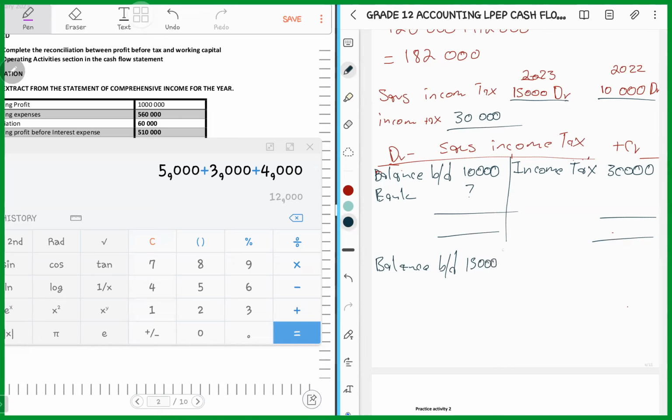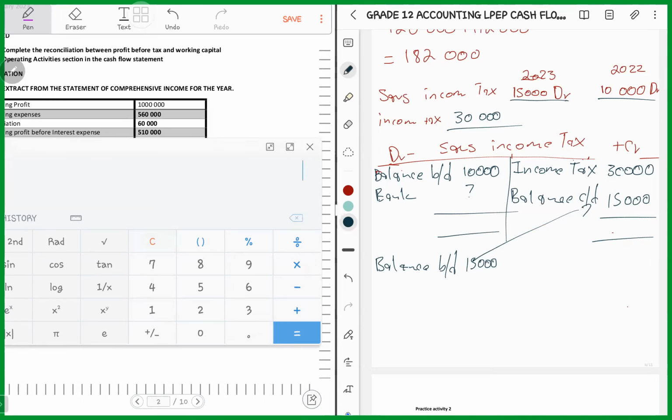Then we'd bring it here and say balance carried down of 15,000. Then if you want to find the bigger side, it is the credit side. So we're going to add the 30,000 with the 15,000. That gives us a total credit side of 45,000. Then we bring the 45,000 here on the debit side.